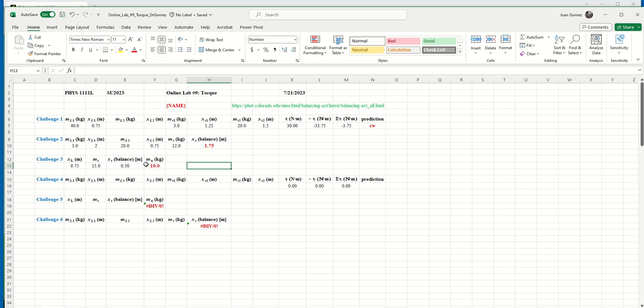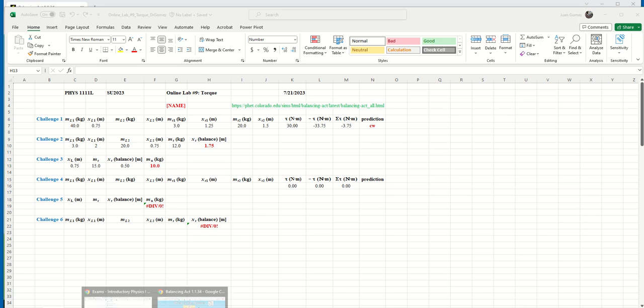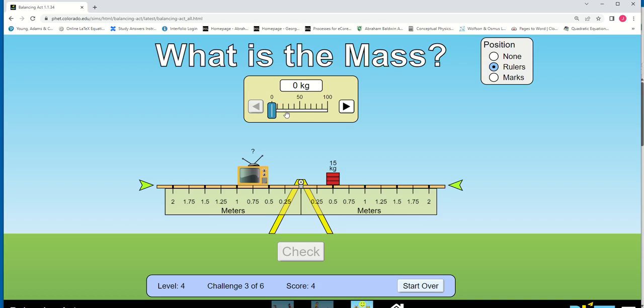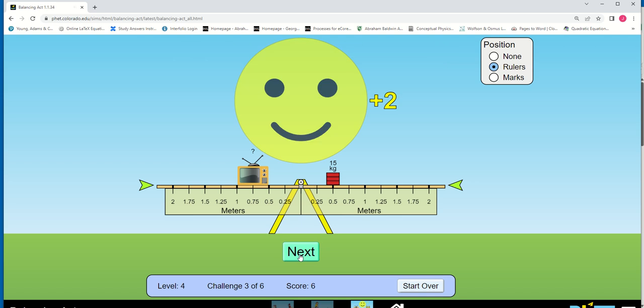And now the mass of the TV, the unknown mass, according to this calculation, I've entered the formula for you, should be 10 kilograms. Let me go up and check. Unknown mass should be 10. Check. Ding, ding, ding, ding.